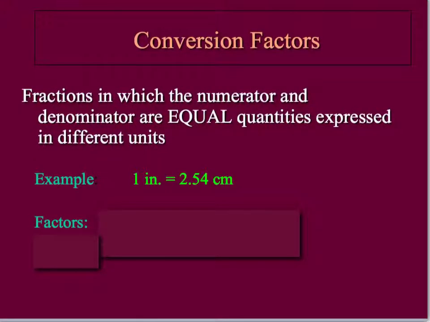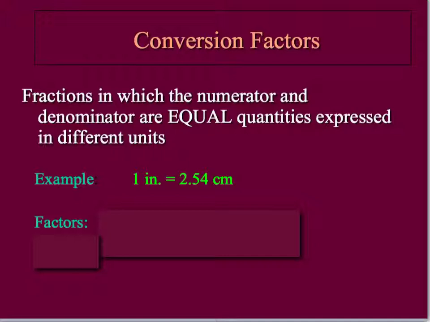The first thing you have to know about dimensional analysis is how to make conversion factors. Conversion factors are basically just fractions in which the numerator and the denominator are equal quantities, but they're expressed in different units. So for example, 1 inch is equal to 2.54 centimeters. If I said something was an inch tall, it's also 2.54 centimeters tall, because that's the conversion factor between inches and centimeters.